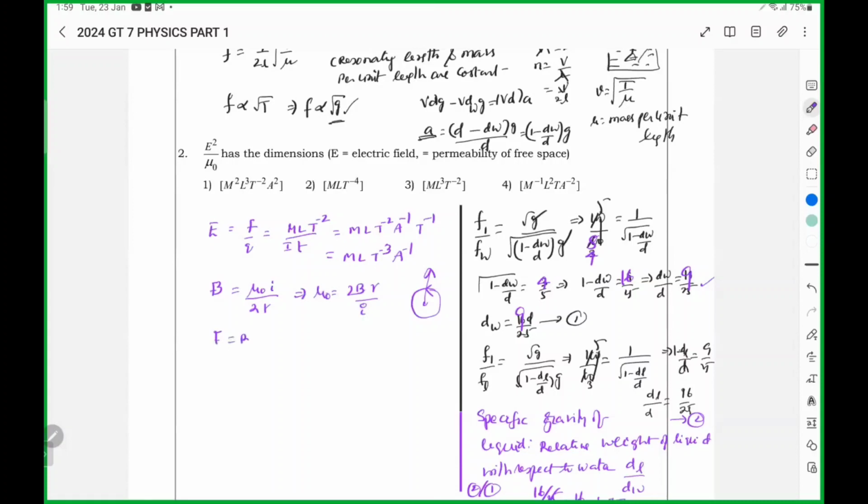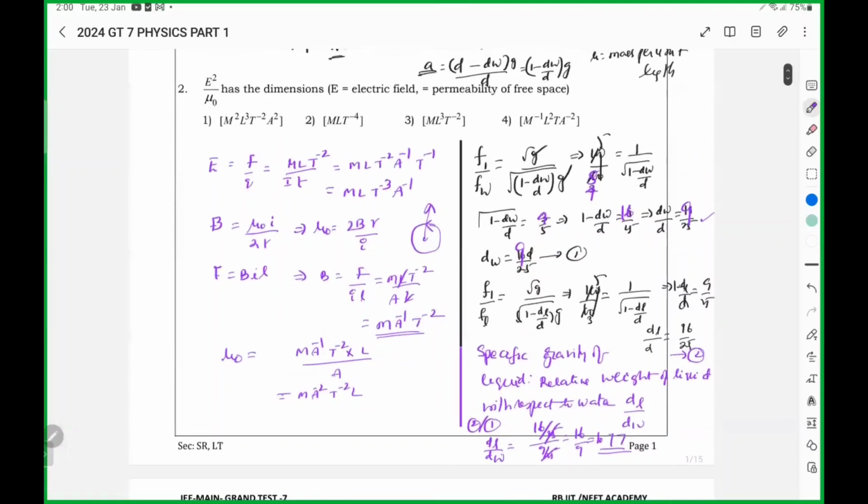So to find the magnetic field dimensional formula, force here, current is in amperes, and length gives M A^-1 T^-2. Now once you know the dimensional formula for magnetic field, for permeability it is M L A^-2 T^-2, current here is in amperes.